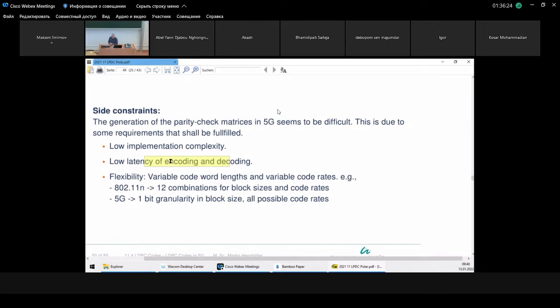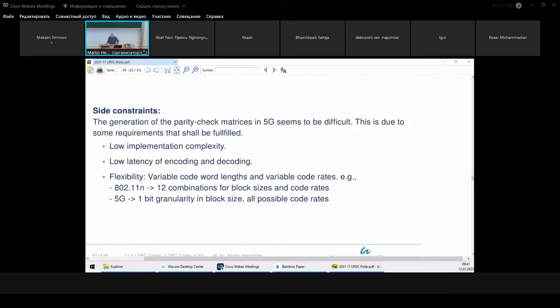Yes, so here again, a student asked for the complexity of the encoding process. Well, this is one benefit of the LDPC codes. The encoding and the decoding can be implemented very efficiently. We will see this when we look at the parity check matrix of the 5G system, how this can also be used to efficiently encode our bits.